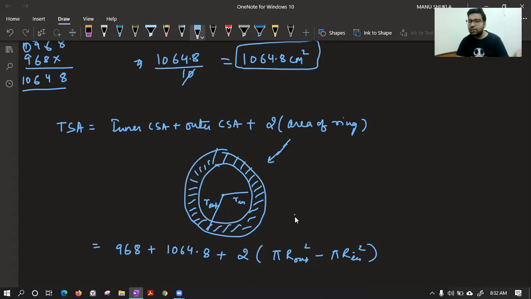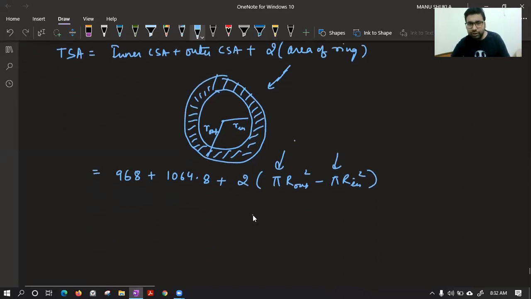Any doubts in this formula that I have written? I have multiplied by 2 because I have top as well as bottom. Now, before putting the values, I will see that I have a pi over here, pi over here. So I will take it common because taking common will reduce the work.